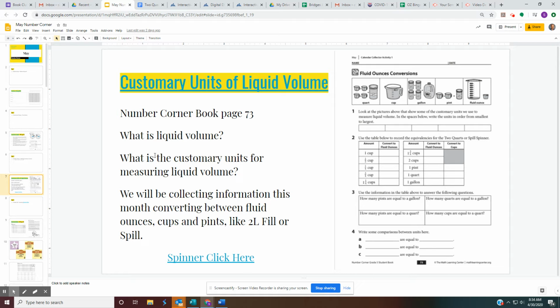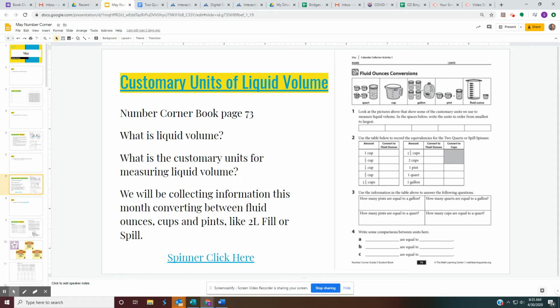Okay, so on page 73, we have some conversions that we would like you to go over. Look at our little demonstrations up here. We have a quart here, and see how many cups fit in a quart. This is our representation for a cup.